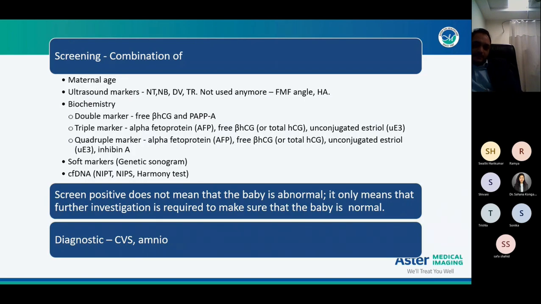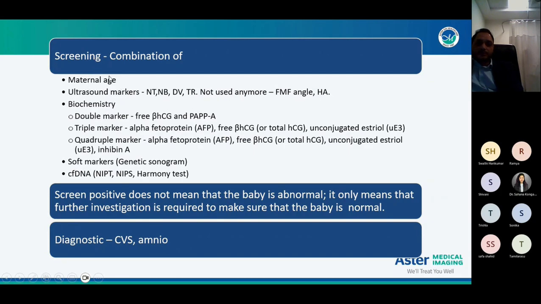This 1% risk may be small for us as doctors because we want to confirm the diagnosis. That is what's important for us. But for the mother, it becomes a very big issue because it's the question of life and death of her baby. So, to avoid the invasive tests, first we subject the mothers through a screening program in which we separate the mothers into low risk as well as high risk.